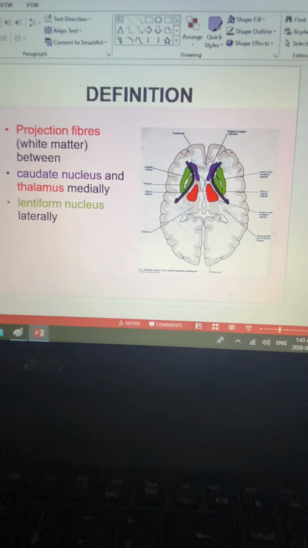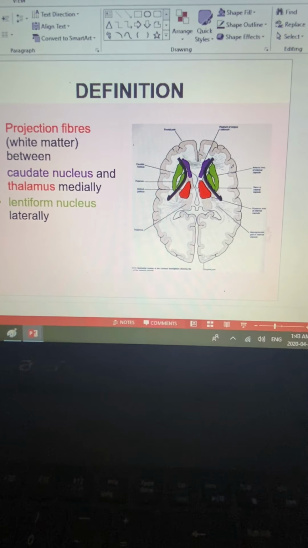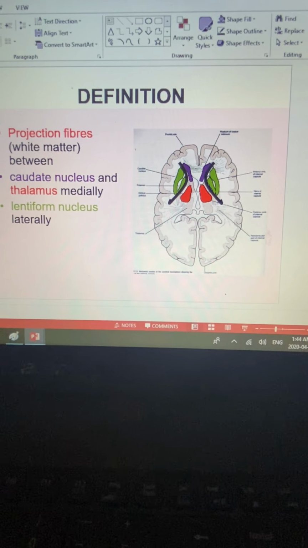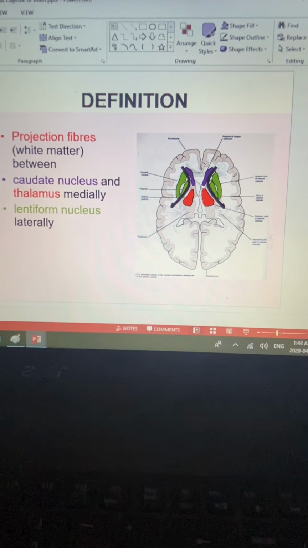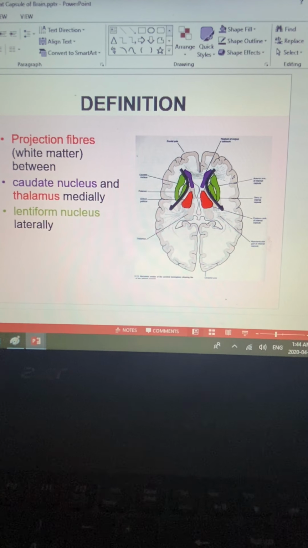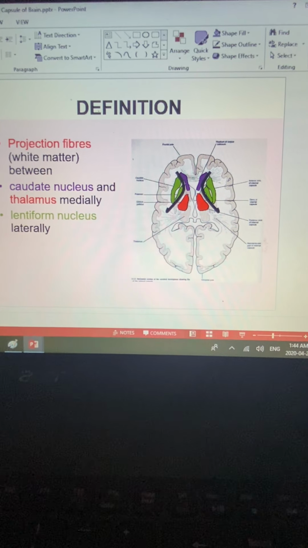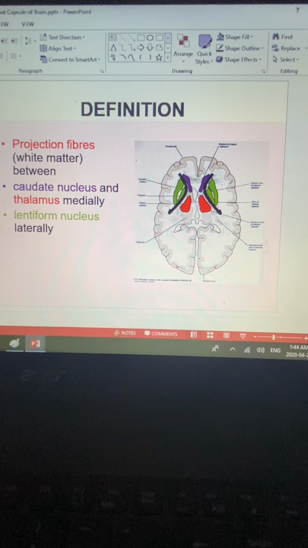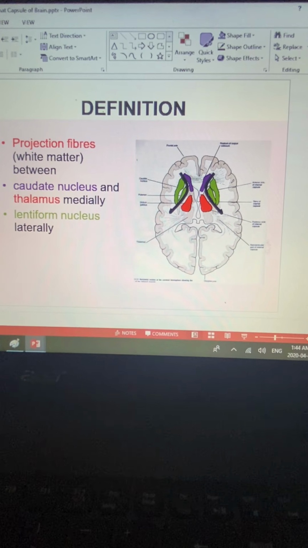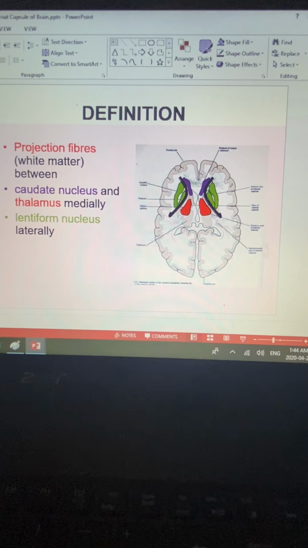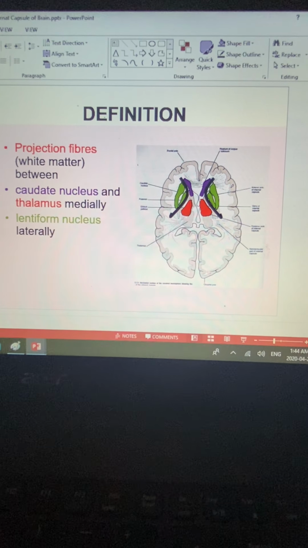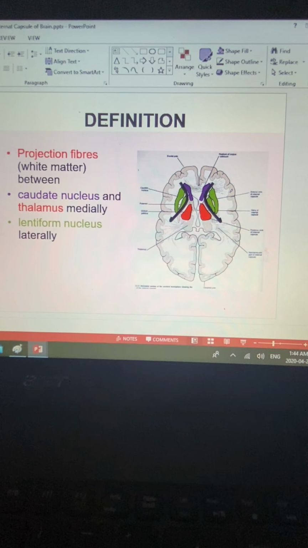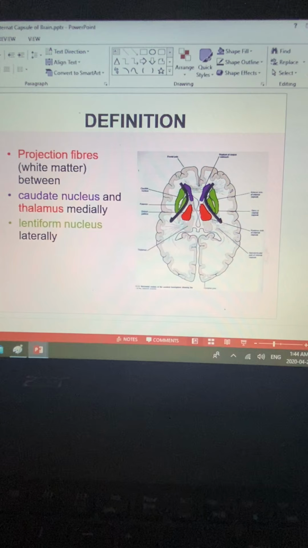So concentrate on this figure. It's showing this black bent rod-like structure. This is the internal capsule. You can say it is a V-shaped structure. Its concavity is facing laterally, right? Or you can say it is in the form of a trumpet, right?